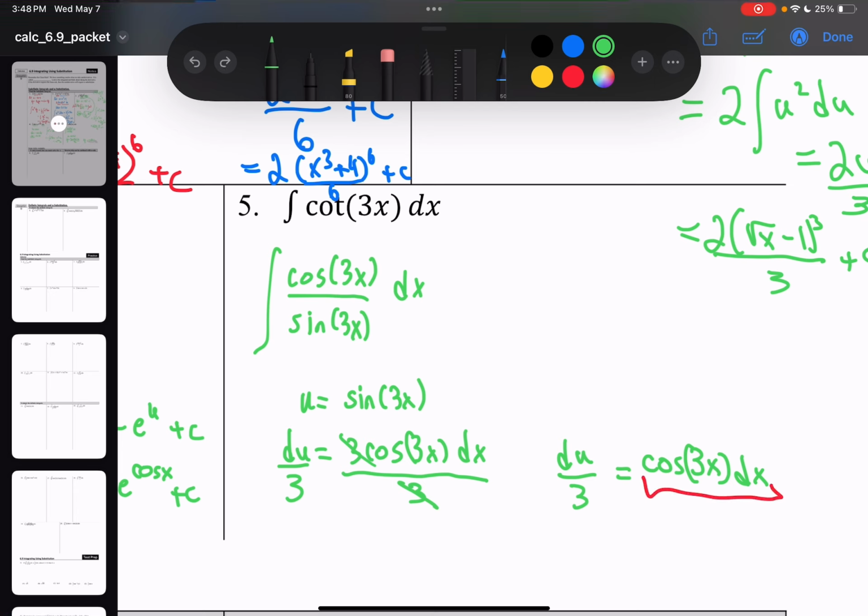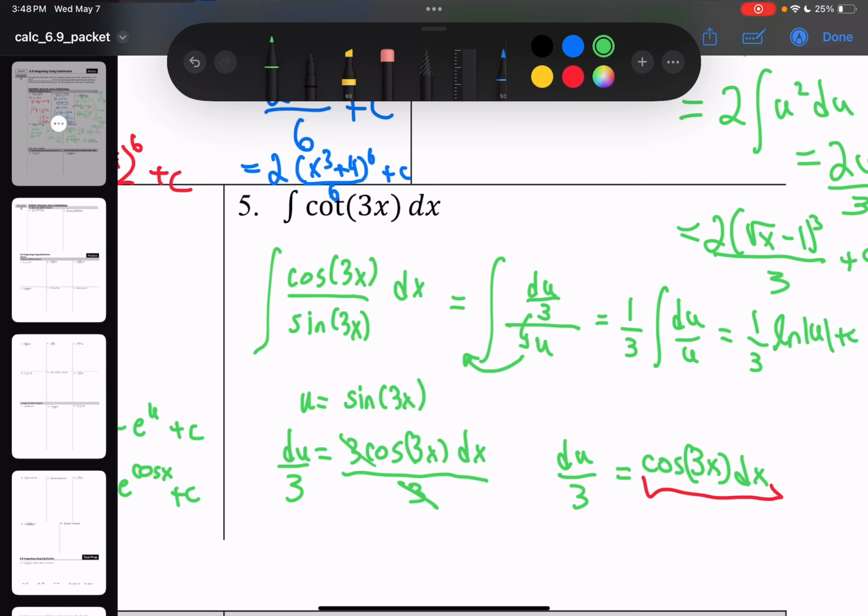So it perfectly represents this. Now when you do the substitution method, cosine 3x dx is going to be du over 3, and sine 3x is going to be u. Now, the 3 can go down next to the u, or can go out immediately. So it's going to be 1 over 3 du over u, which is going to be 1 over 3 ln u plus c.